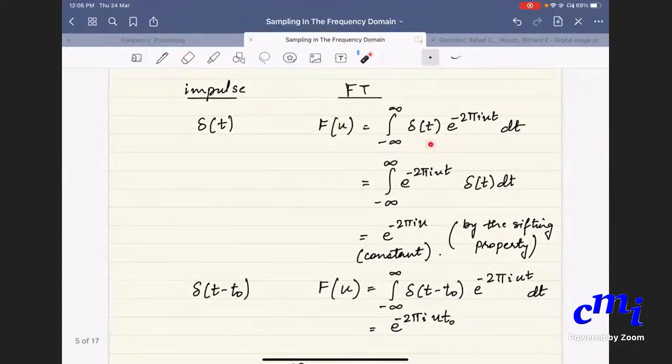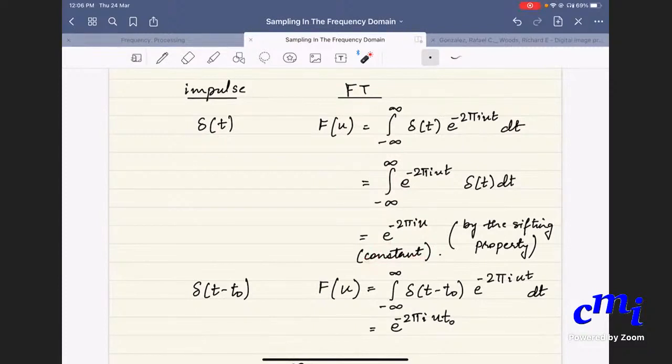Okay. So now if I rearrange this, I can bring this here and look at it like this. But what the shifting property of delta t says is that this thing is the function evaluated at the location of the impulse. Whatever that comes out to be, the point is that it is a constant.